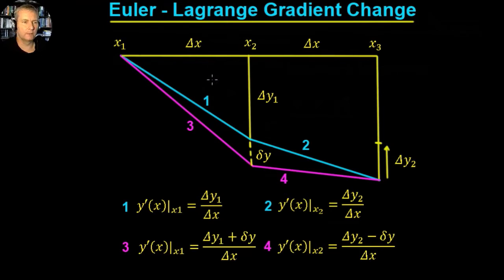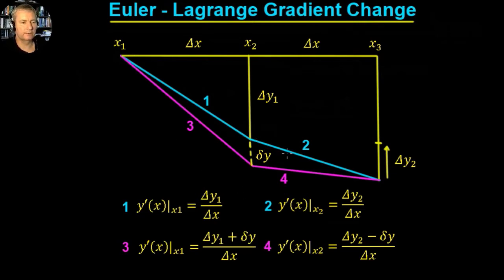There shouldn't be anything amazing in that. We're just saying that the gradient of this rope is that length divided by that length. And the gradient again can be written as the derivative of the function, that's just the derivative of the function here at x1. In this case the function is just a straight line.